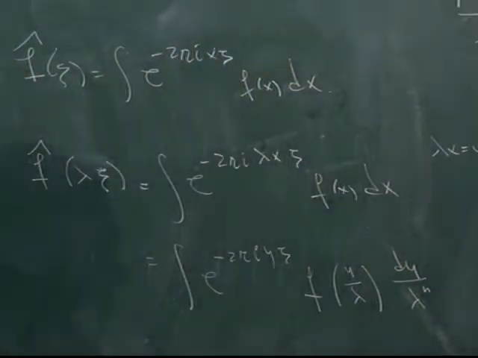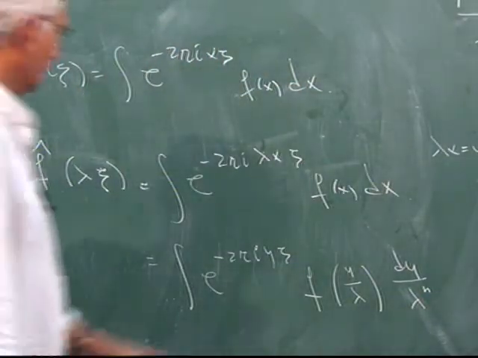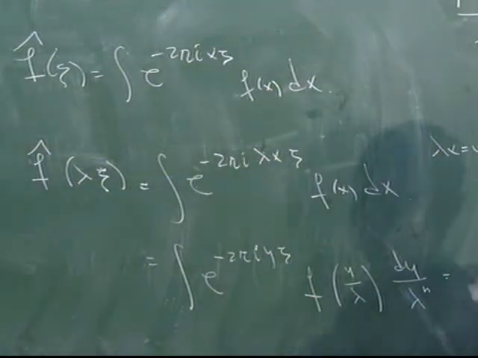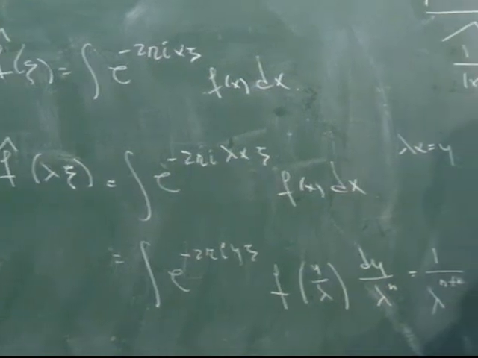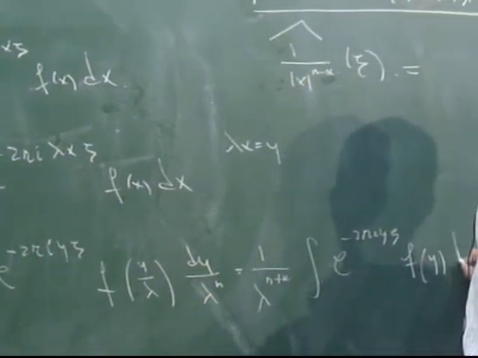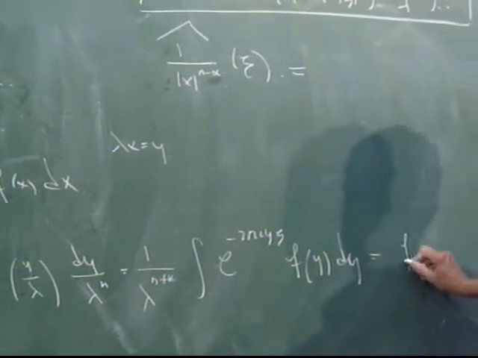Now this function is homogeneous of degree k. Therefore, this is 1 over lambda to the n plus k, e to the minus 2 pi i yc f of y dy.